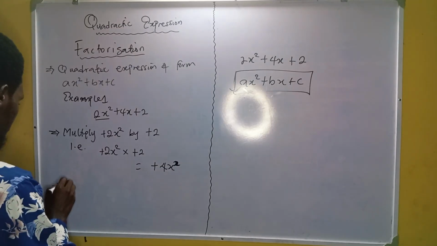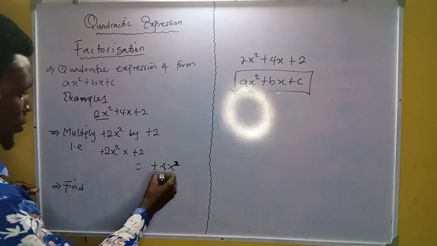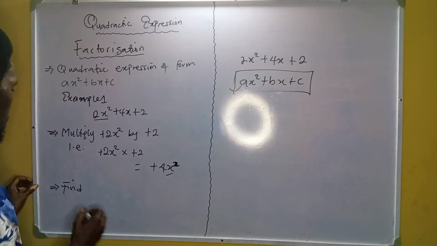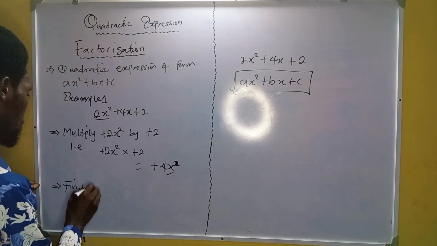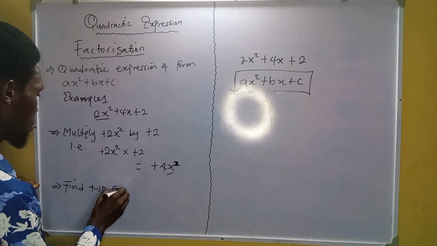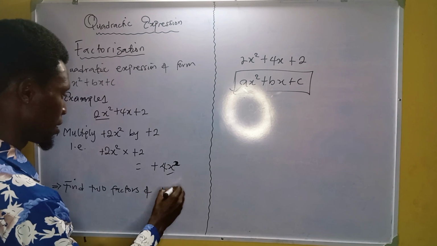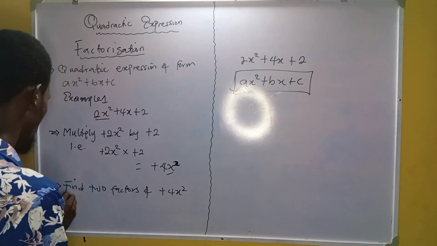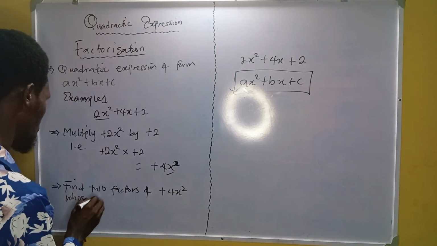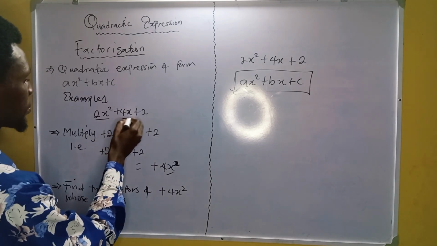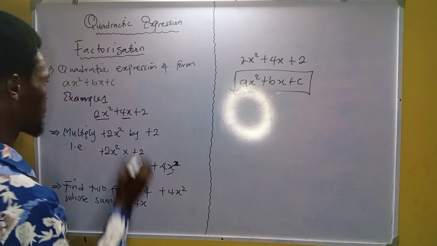So in the next step, what we're supposed to have is this. This is what you have gotten. All right, so what you have to do is find two factors of what you have gotten here whose sum is the middle term.